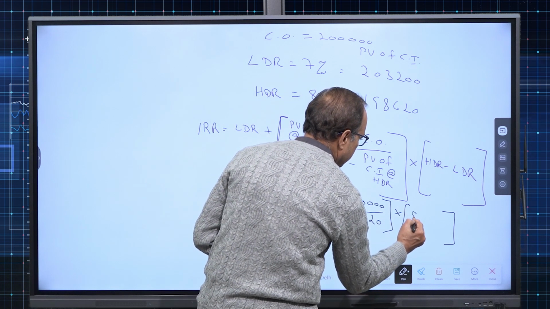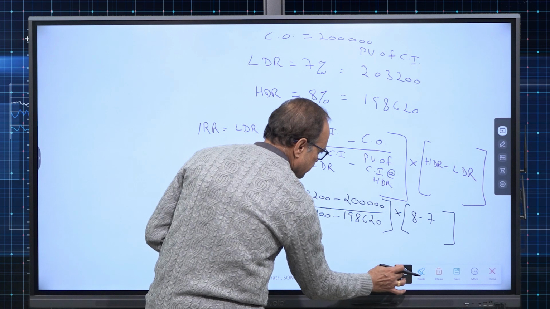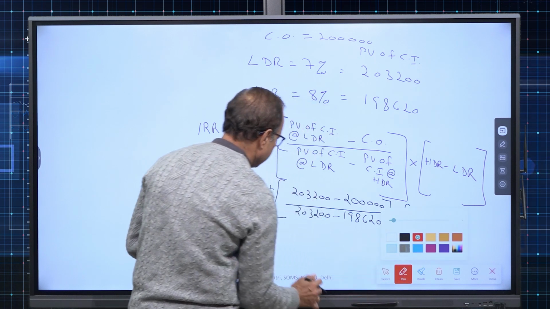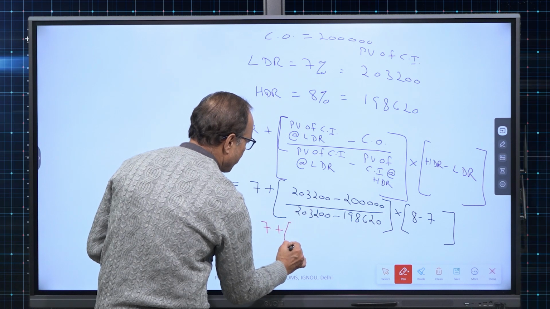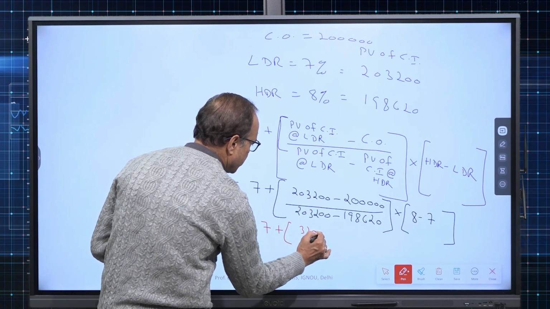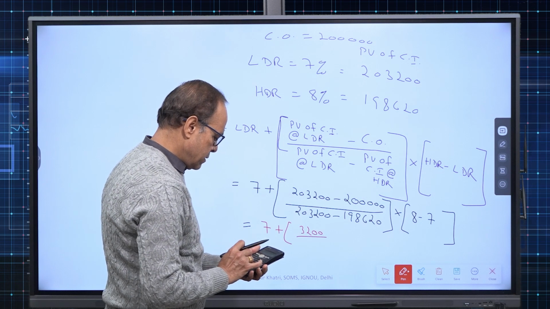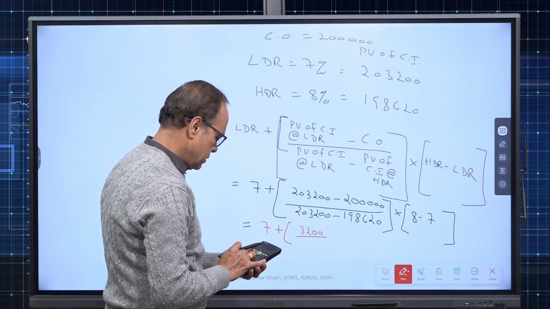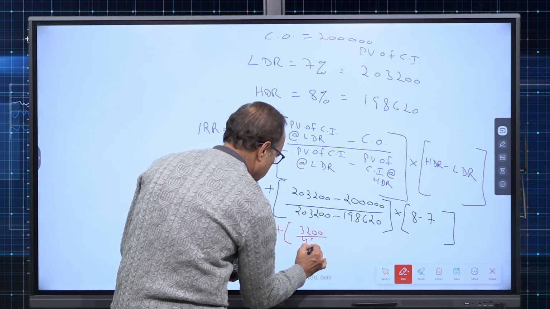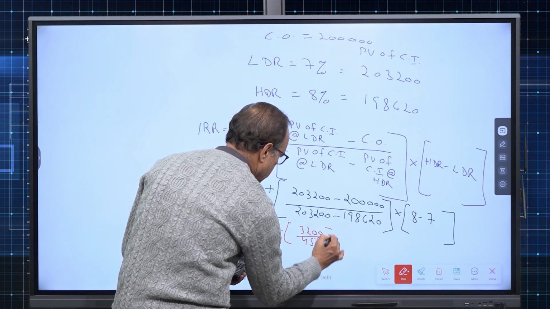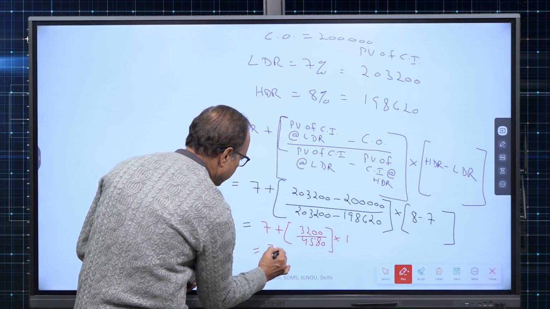So, it will be 8 minus 7. So, what we get? 7 plus the difference between these two, 3200, divided by, and this is multiplied with 1. So, what we get? 7 plus.